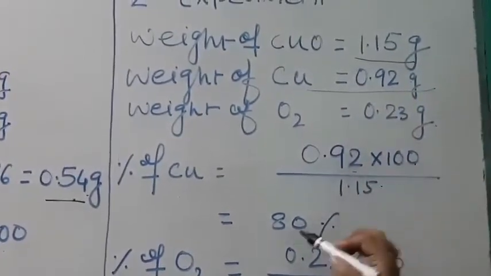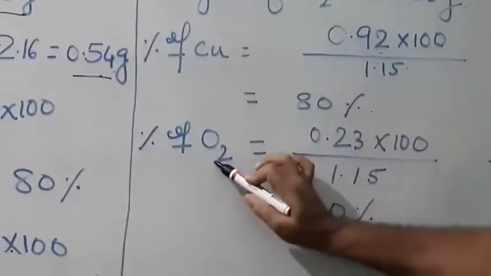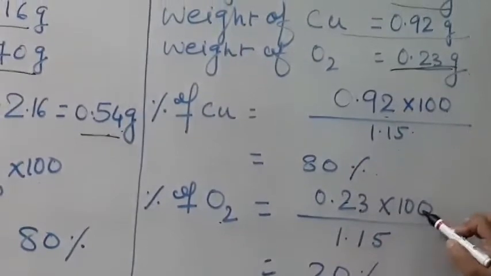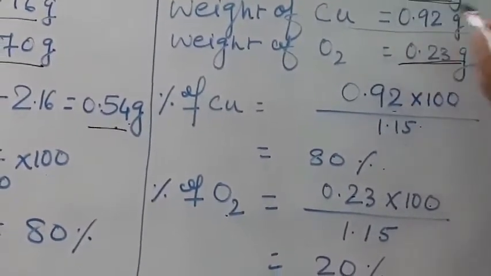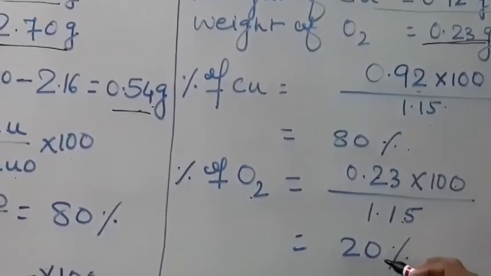When you solve it, it will come 80%. Now percentage of oxygen, again weight of oxygen into 100 divided by weight of copper oxide. You solve, then it will come to 20%.